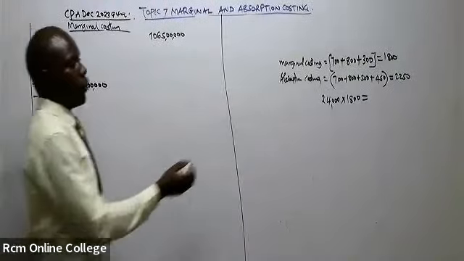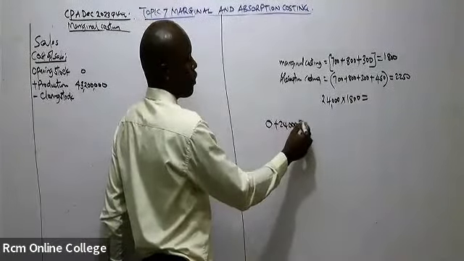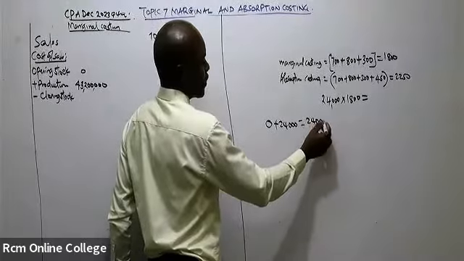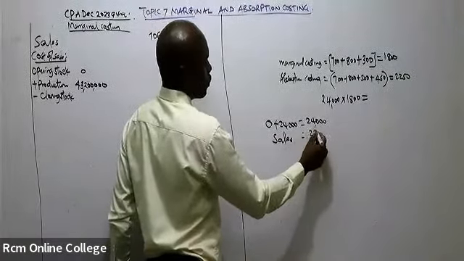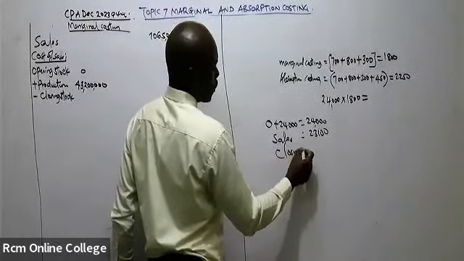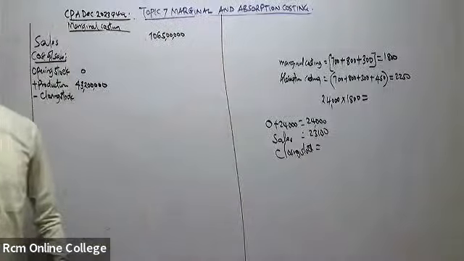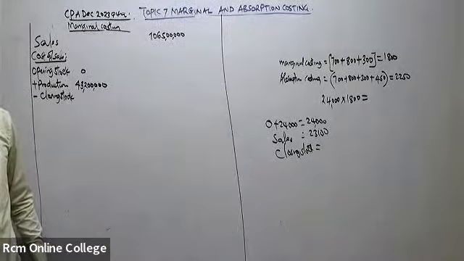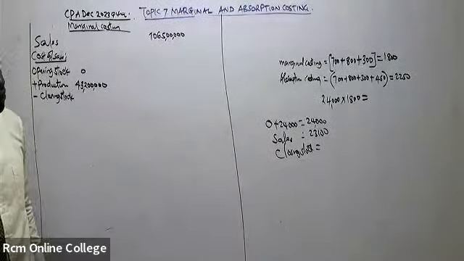Our closing stock: you opened with 0, you produced 24,000, you have a total of 24,000 to sell. Then we find that you made sales of 21,300. The difference represents closing stock. How many units is our closing stock?